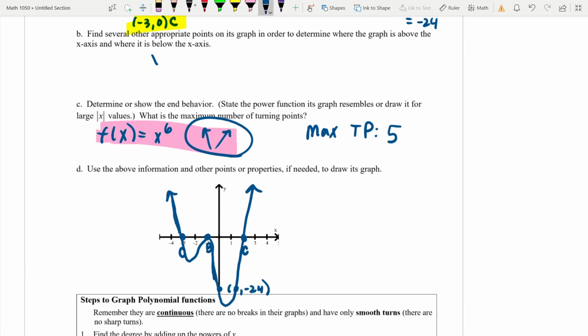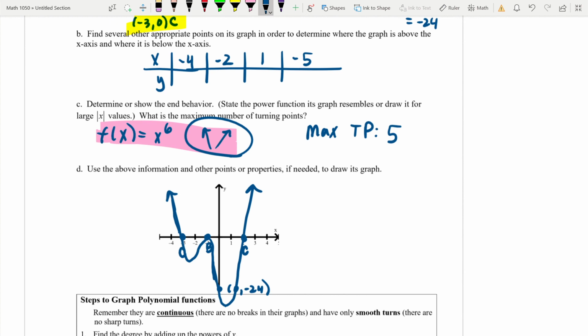How many points do I have to have on my table of values? 4. I'm going to do a sideways table because I'm out of room. The left region, negative 4. The next region, negative 2. The next region, 1. Look what people do. The last region, negative 5. Is that okay? I didn't test the region on the right, and I test the region on the left.